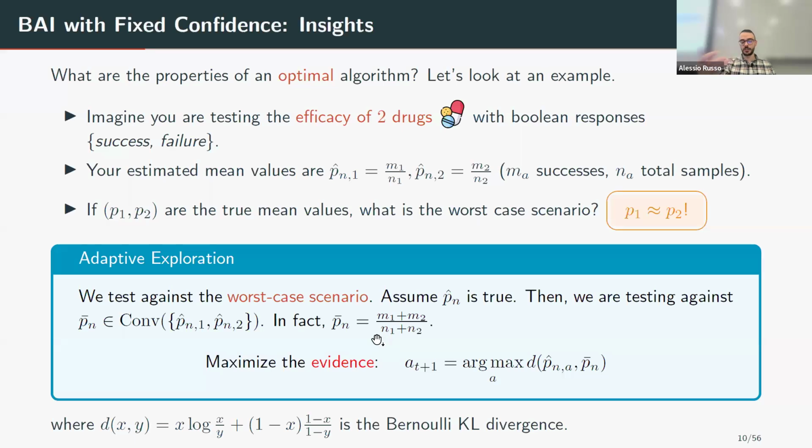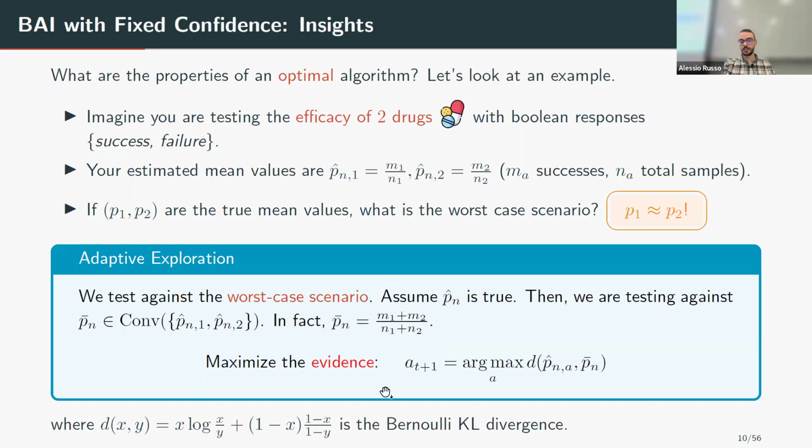So in the first lecture, I just gave you the intuition, but then later, when we derived the sample complexity lower bound and we solved it, we showed that this is actually indeed the case. And this is also the parameter of the alternative model, of the optimal alternative model.